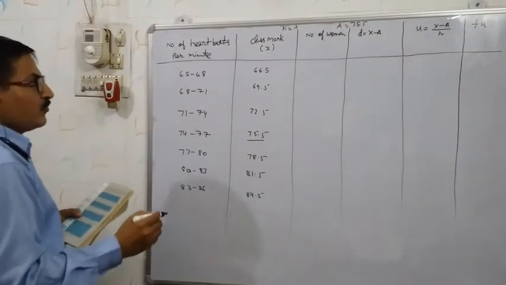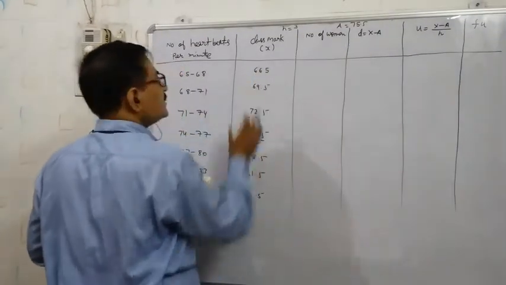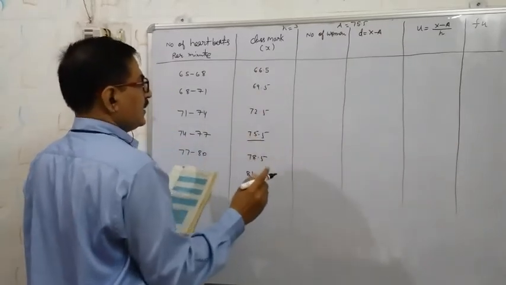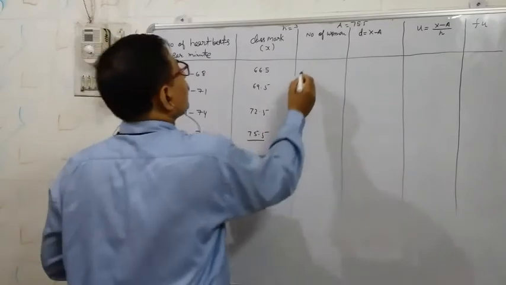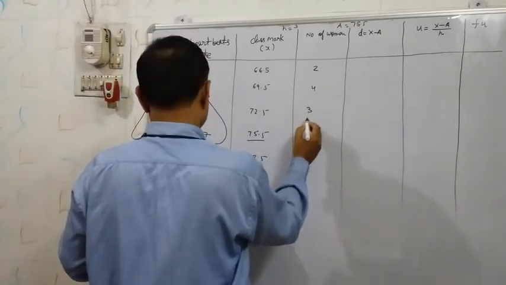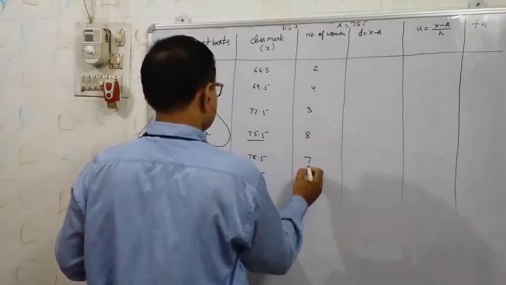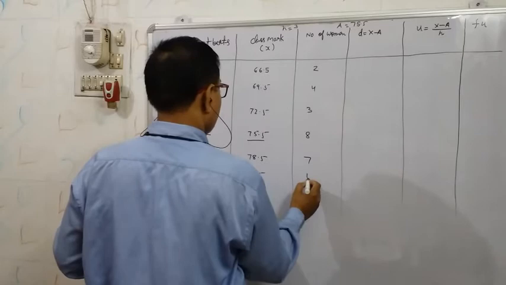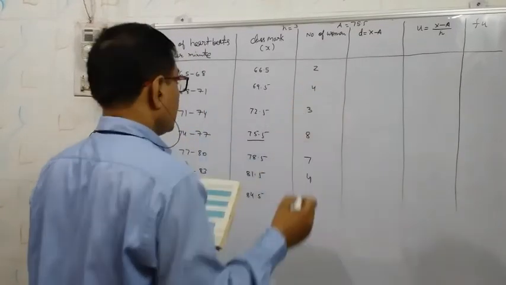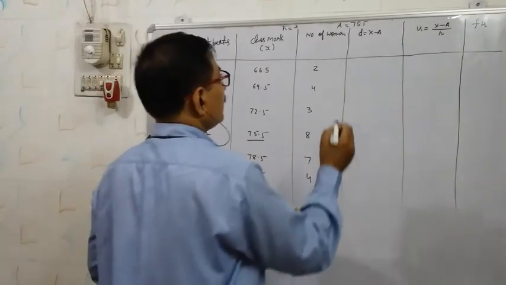So a equals 75.5. We can take any assumed mean; we have taken 75.5. The number of women is 2, then 4, then 3, then 8, then 7, then 4, and 2. This information is given in the book. Now d equals x minus a.